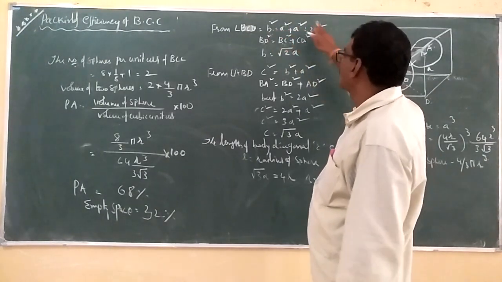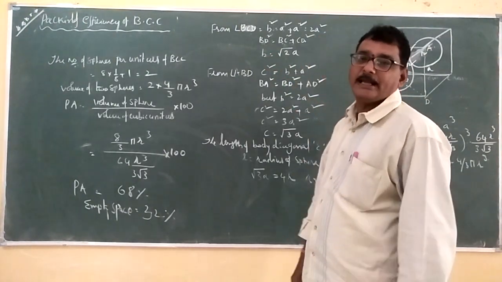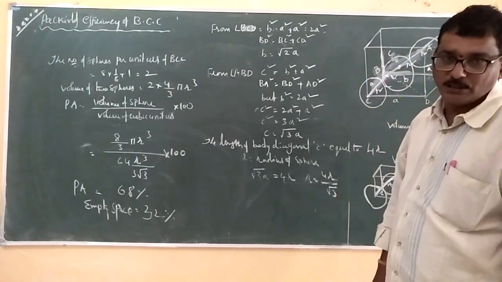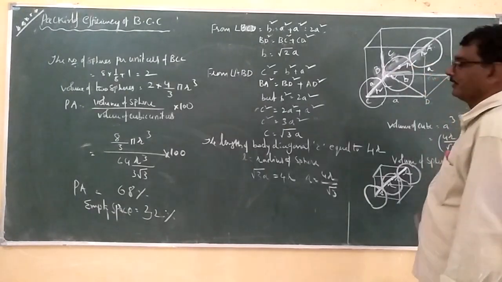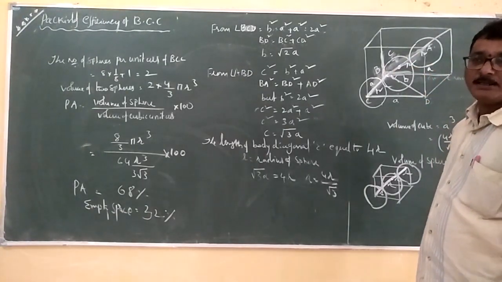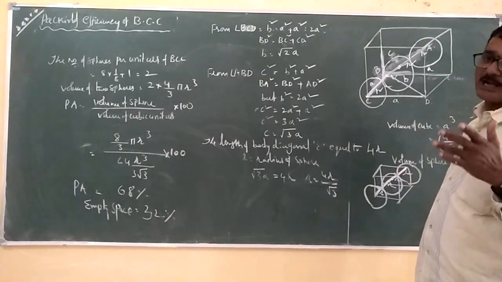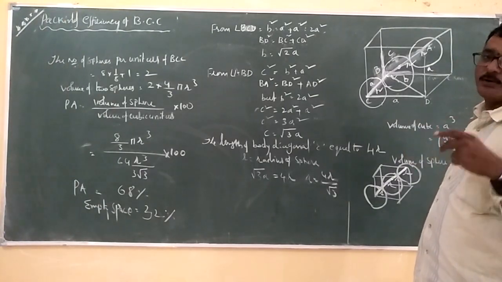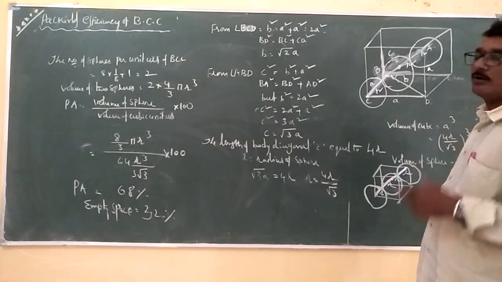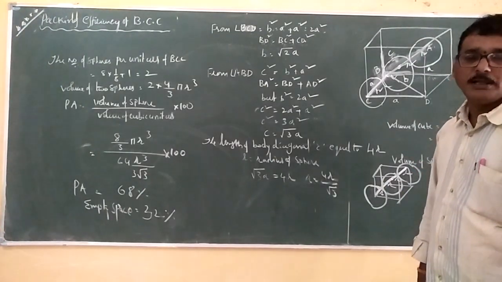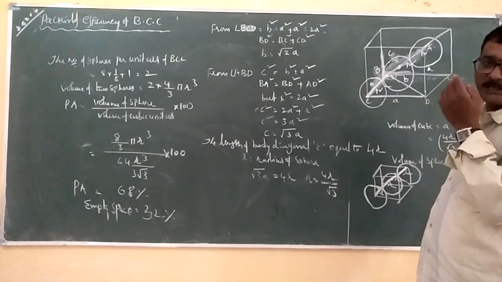Therefore b square is equal to 2a square, and b is equal to square root of 2 into a. This is the first triangle. Okay, now understand this one.